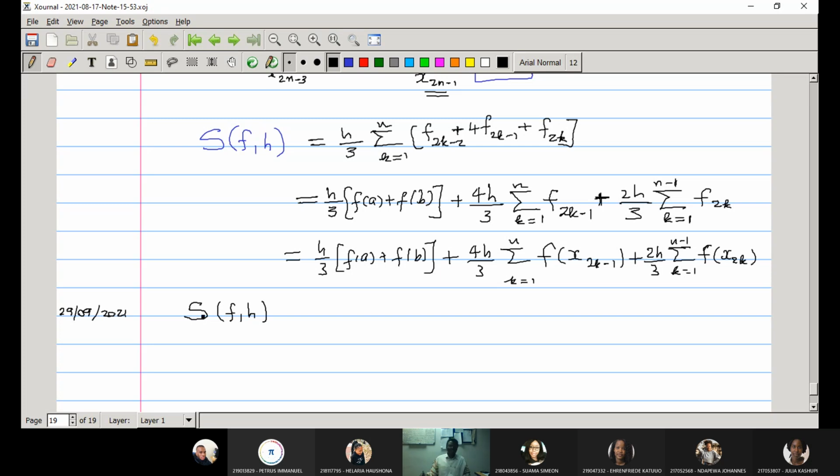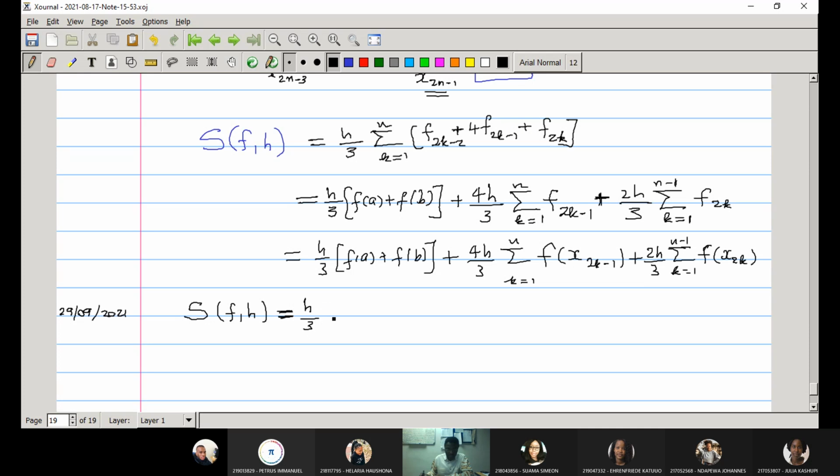Obviously, this is the composite Simpson rule. Here we put equal because this is the definition of S. This is the rule, so we put equal. But if you write the integral, we say the integral is approximated, then we write approximation. But if you define the rule, you write equal.